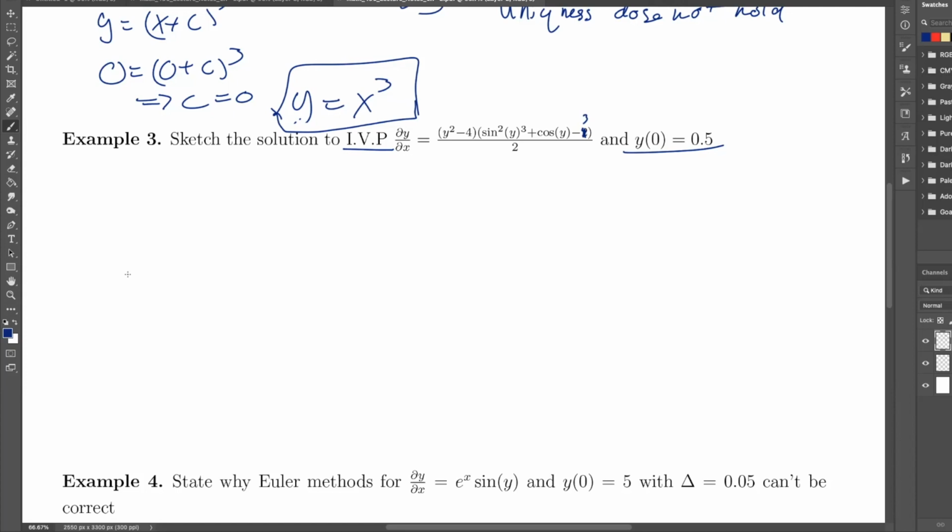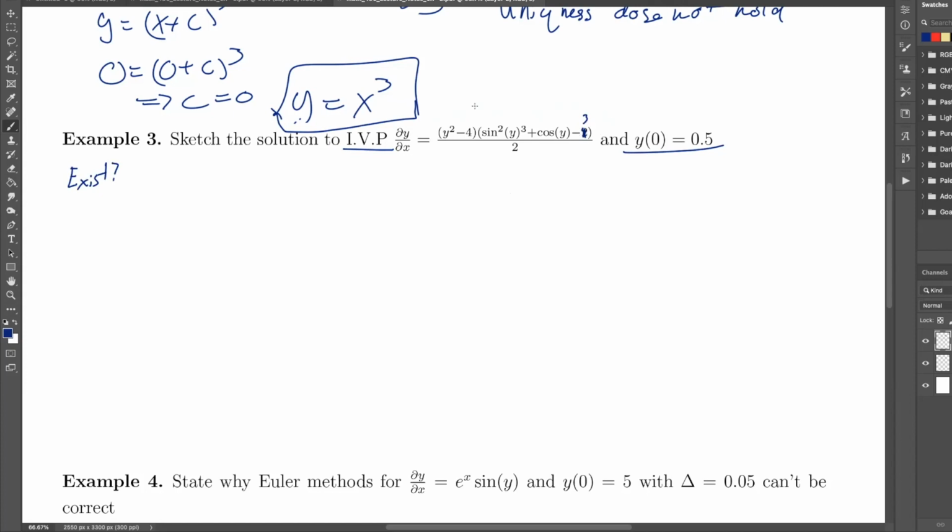All right, so let me ask you a quick question. Does a solution exist? And all we have to do is check, is this continuous?